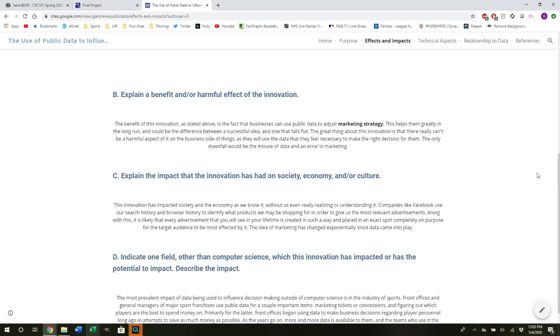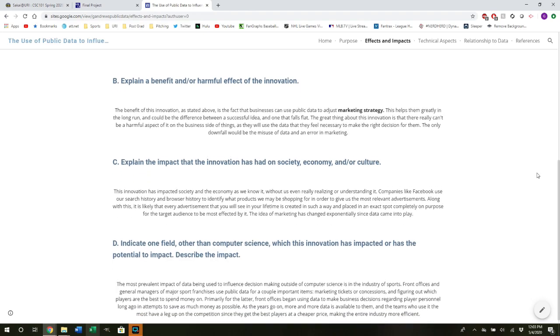It's to provide more relevant advertisements, and because of that, we are led into buying things maybe we don't need, but things more relevant to us, which impacts our society. It also drives our economy slightly. It creates competition with advertising, makes it kind of necessary to do this in a way. And also, every advertisement that we see is placed where it is completely on purpose with the effect to target as many people as possible, obviously, to get as much money as possible.